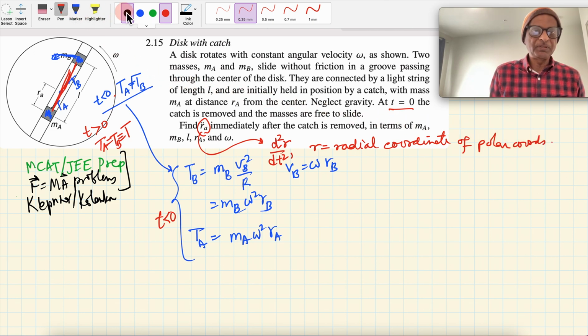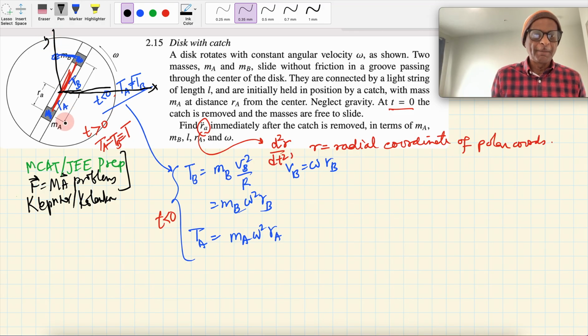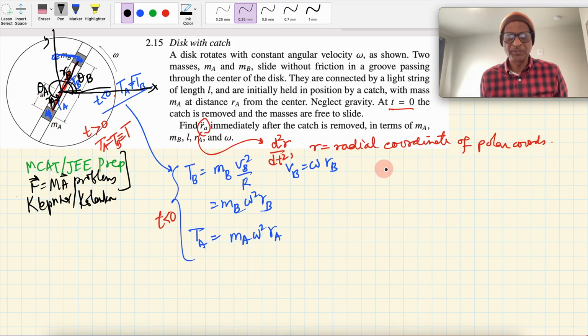So basically what's going on is, this is the x-axis and this is the y-axis, and this distance is RB and this distance is RA, and this will be theta B and this will be theta A. So those will be polar coordinates.